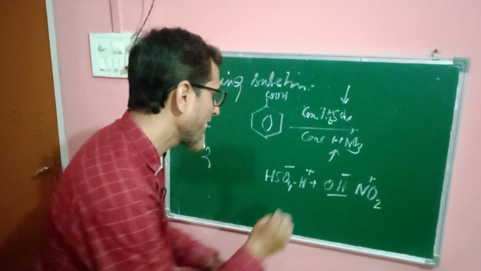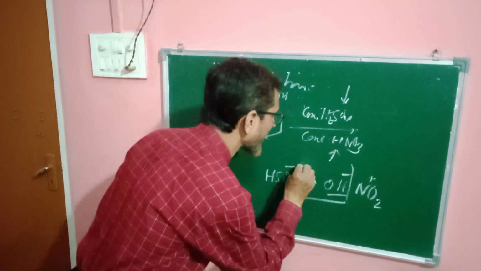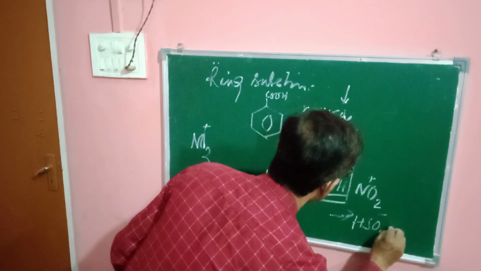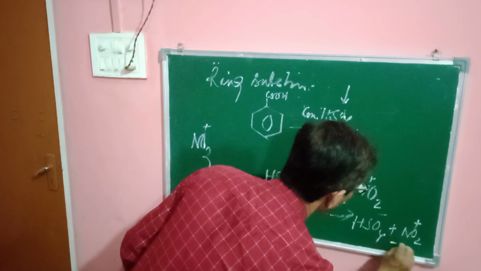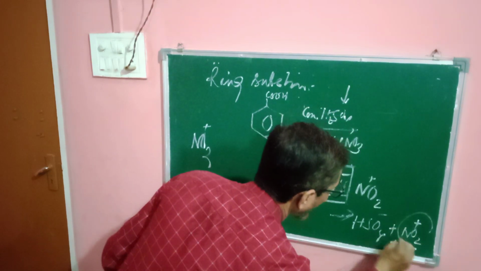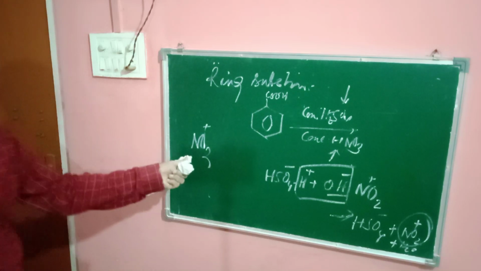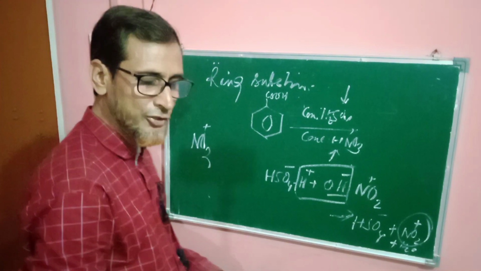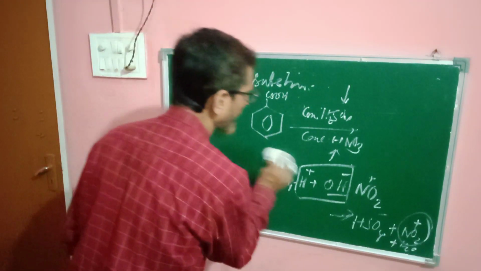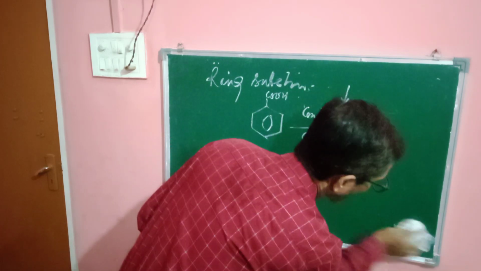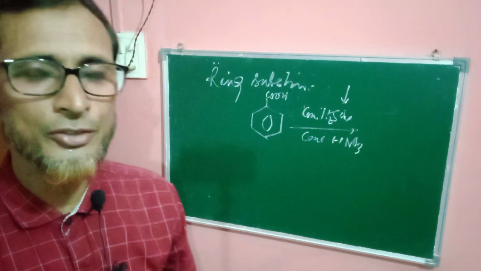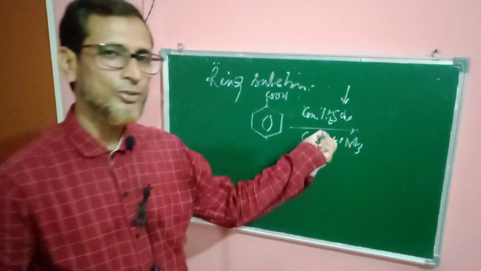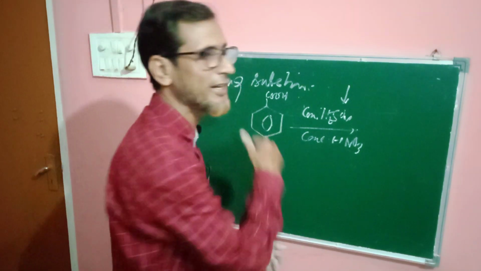Since it is acting as a base, OH gets attached with this, and you get HSO4 minus plus NO2 plus plus water. That is how we get NO2 plus, and it is very important. It is an electrophile. In benzene, electrophilic substitution reactions occur mostly, though in drastic conditions substitution may occur. So whenever we see concentrated sulfuric acid and concentrated nitric acid, we think the nitronium electrophile NO2 plus has come. Now the question: in which position will it enter?